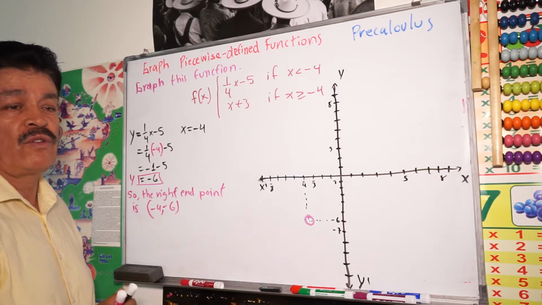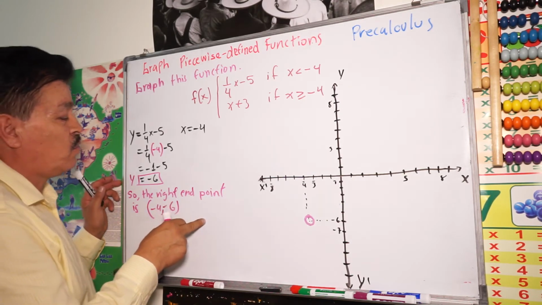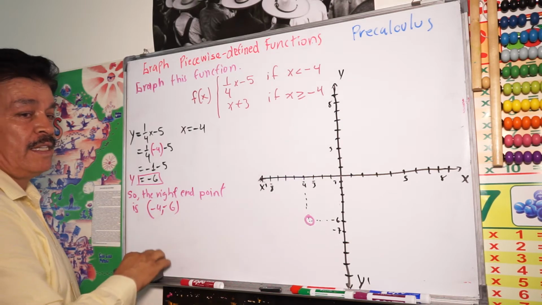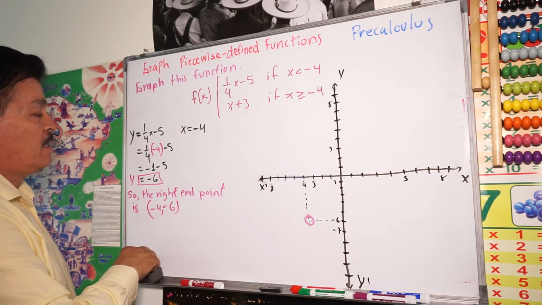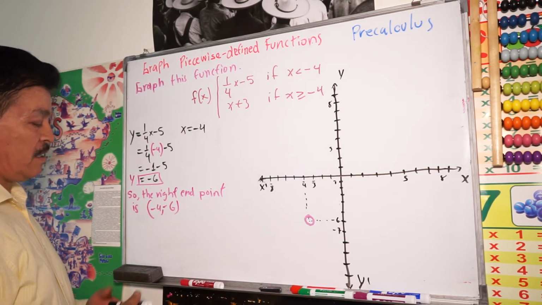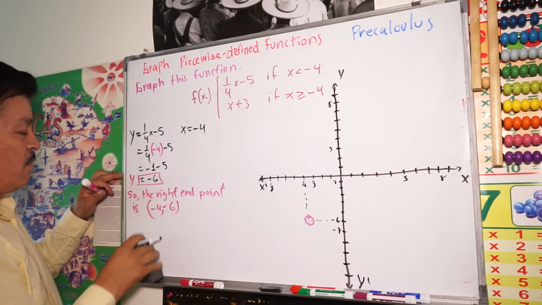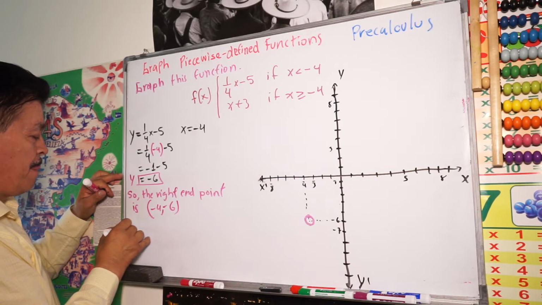So now we use the slope of this equation. It's easy to find the other point using the slope. How much is the slope? The slope here is 1/4, right?